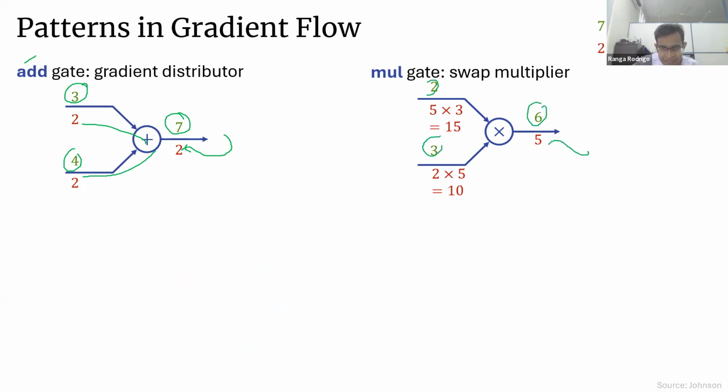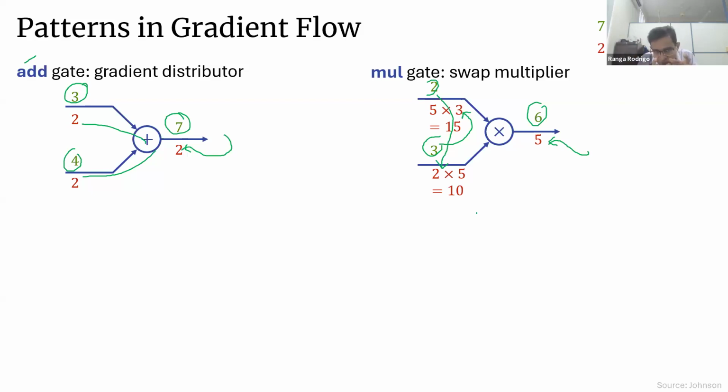If the upstream gradient turned out to be 5, to compute this, we multiply that 5 with this 3. Here we multiply this 5 with this 2. So you can see the rule for add gate, rule for mul gate, right?